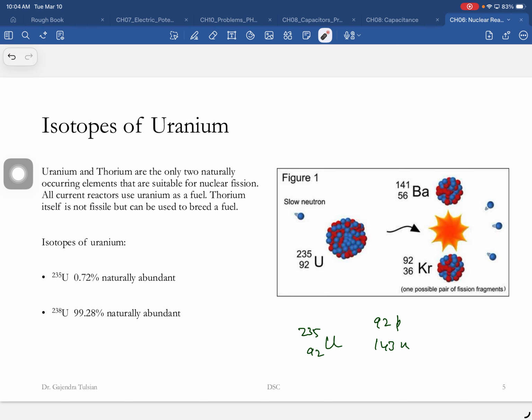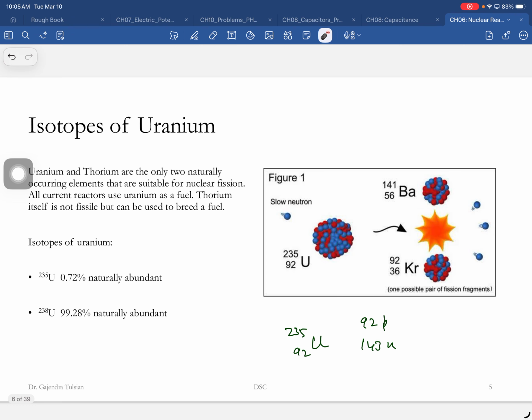Thorium is 90, so two spots behind uranium. All current reactors use uranium as fuel. Thorium itself is not fissile, but can be used to breed a fuel, and we'll come to that.